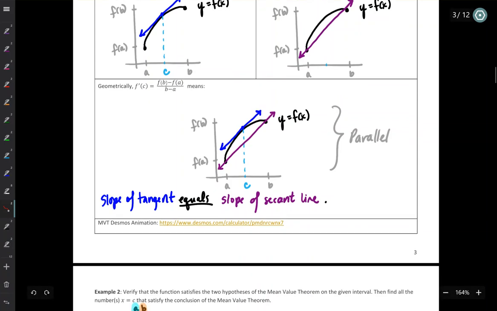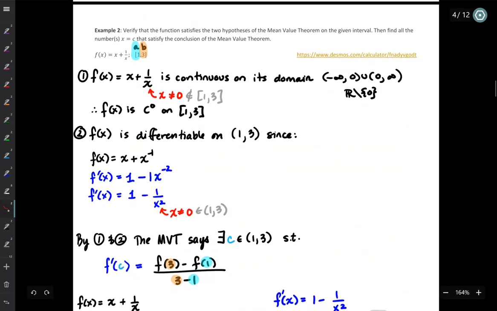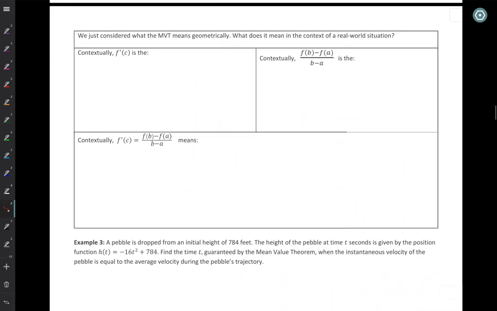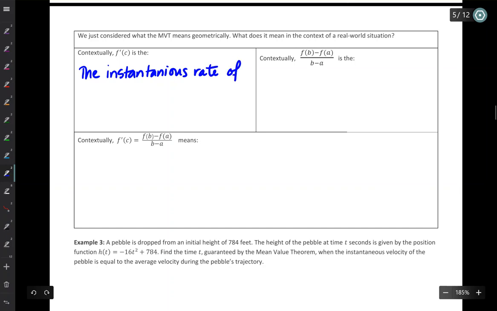Now let's look at this formula contextually and then do a real world example of the mean value theorem. Okay? So contextually, f prime of c is the instantaneous rate of change of what function?